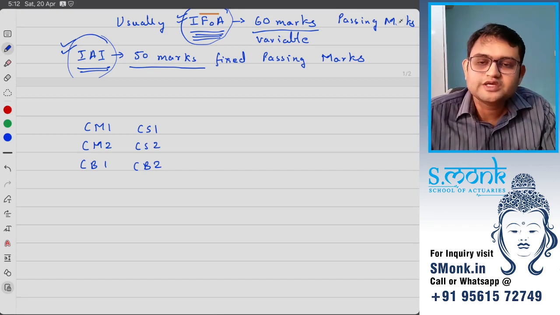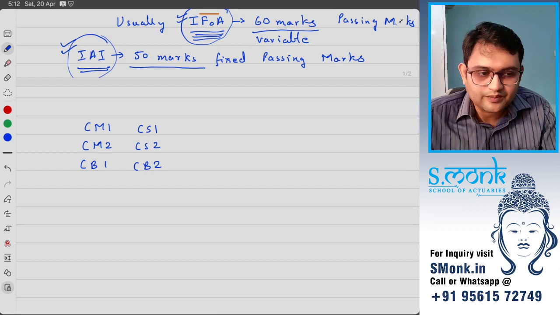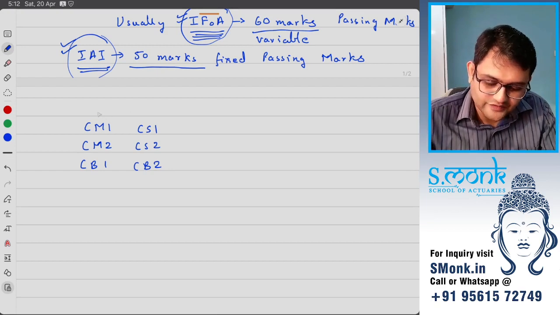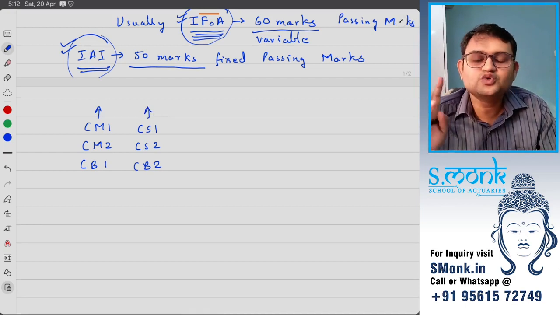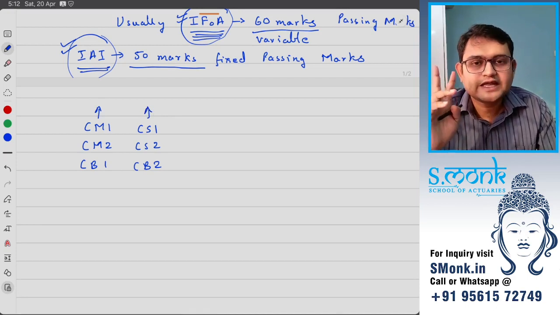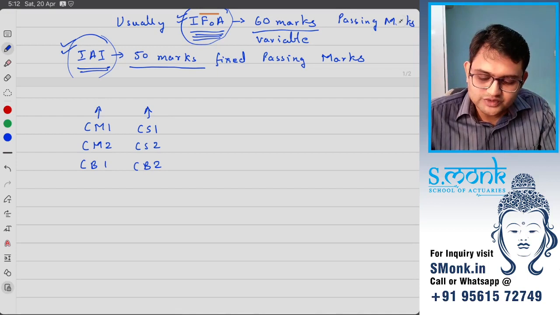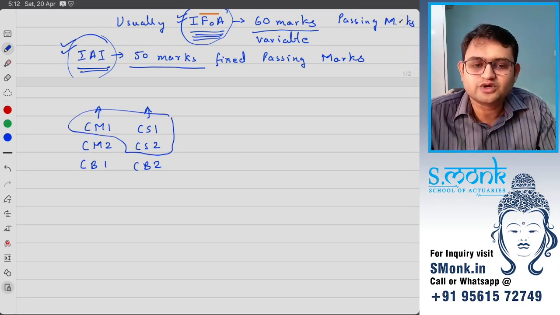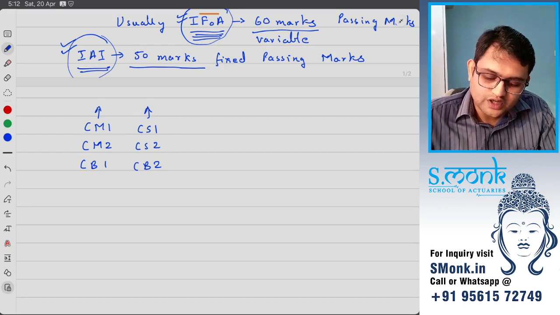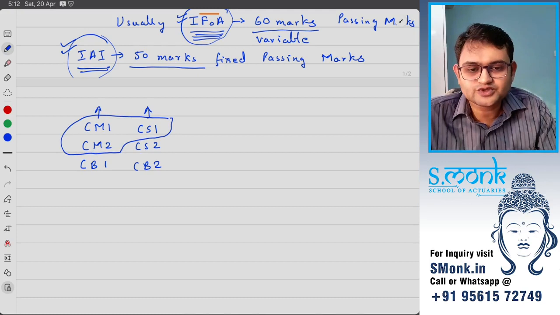So depending on the company, they may ask, like life insurance will say whether you have cleared CM1 and CS1 or not. So these are the 2 papers that are important for a life insurance company. When it comes to general insurance company, they will ask you whether you have cleared these 3 papers or not. When it comes to investment company, they will ask you whether you have completed these 3 papers or not.